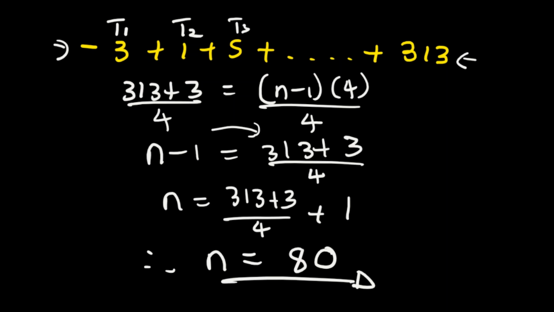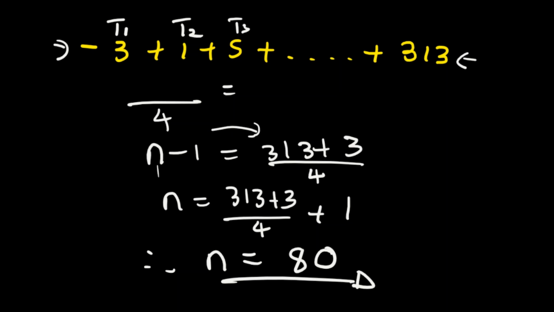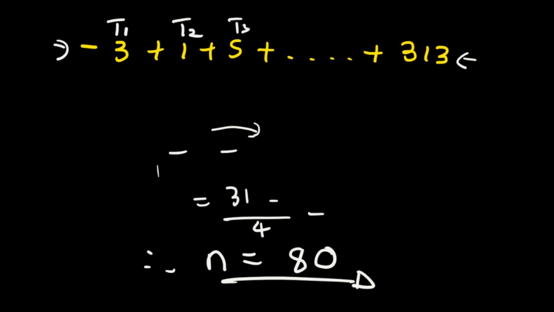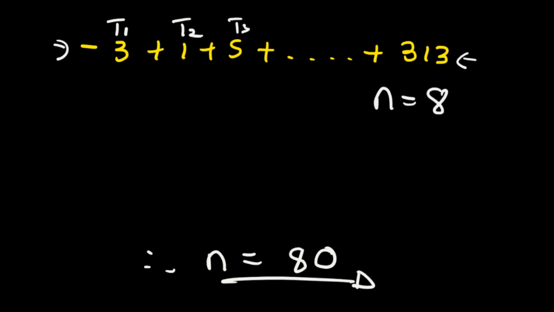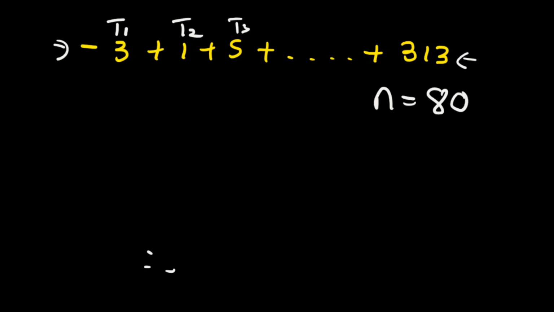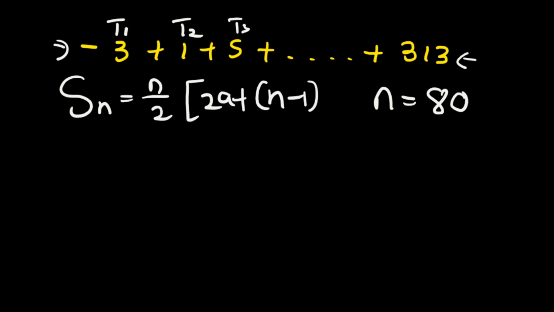So let's say that once you've found your number of terms, you are asked how you can identify the sum of the series. To determine the sum of the series, since we know that this is an arithmetic series, we are going to use the sum of an arithmetic series, which we now know the equation for: Sn equals n over 2 multiplied by (2a plus (n minus 1) multiplied by d).